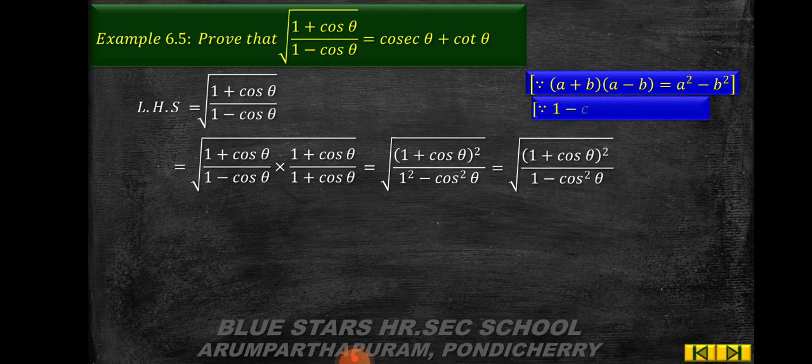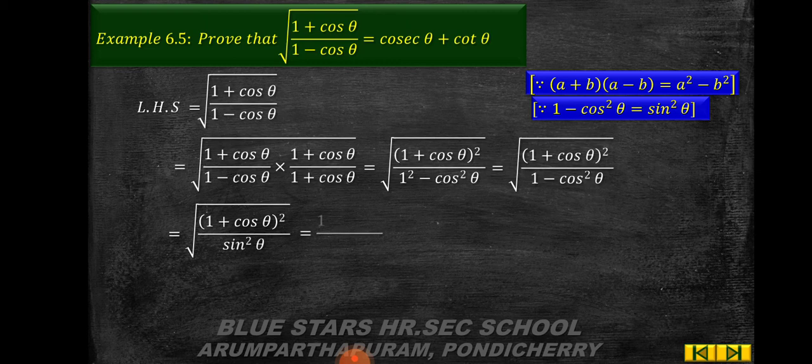We know the trigonometric identity: 1 minus cos square theta is equal to sin square theta. So root of (1 plus cos theta) the whole square divided by sin square theta. We cancel the square and square root. We get 1 plus cos theta by sin theta.